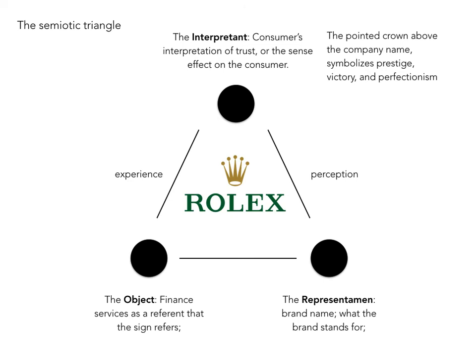Number 1. The representamen, the company's brand name, what the brand stands for. Number 2. The object, the finance services that the sign refers to. Number 3. The interpretant, the consumer's interpretation of trust or the sense effect on the consumer.